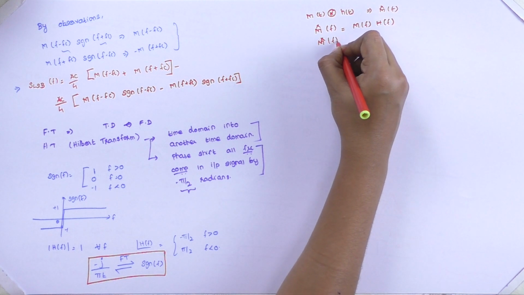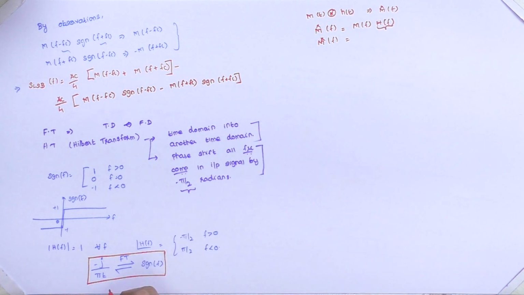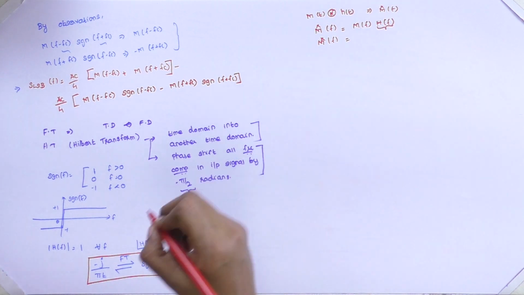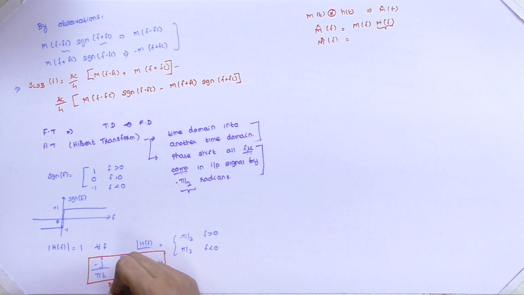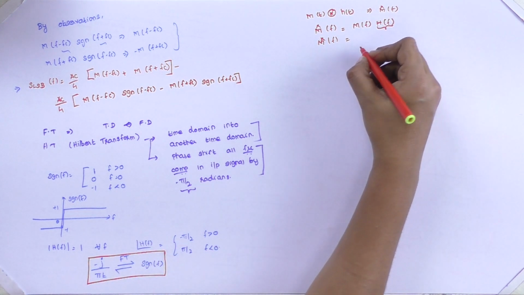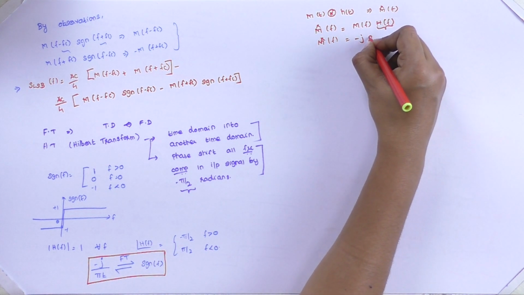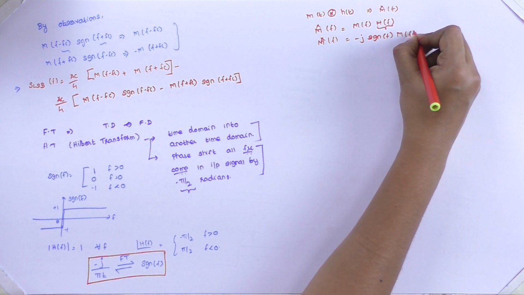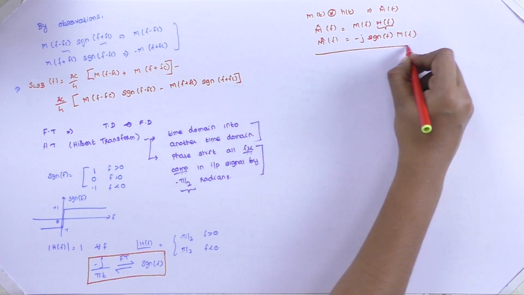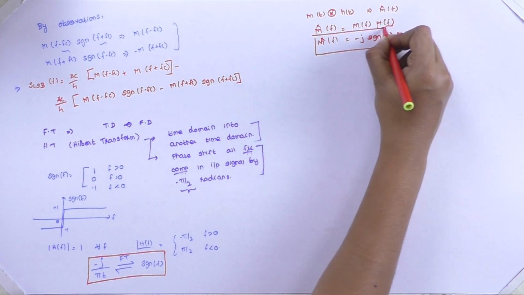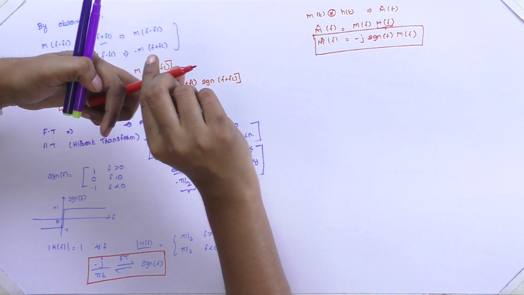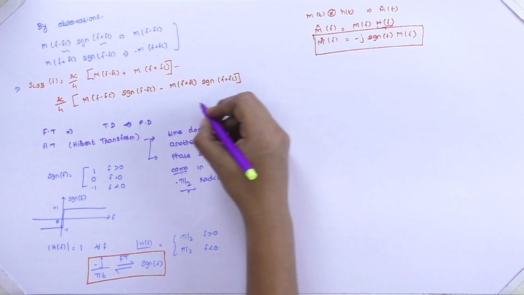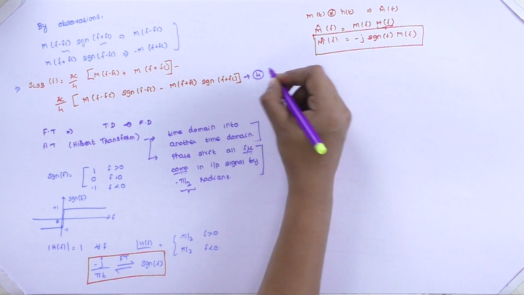We have seen the transform of the Hilbert transform. The Fourier transform for the Hilbert function is given by minus j by pi t. We can replace it as minus j into signum of f. Therefore, minus j signum of f into m of f, after substituting the Hilbert transform. So, we are going to use this result for this equation.